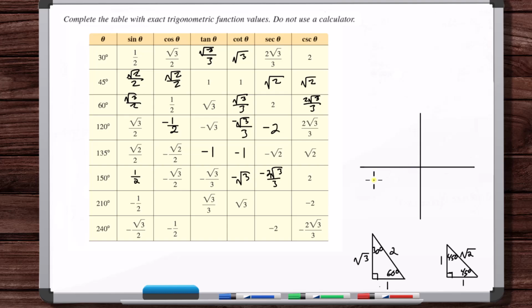Okay, 210, that's 180 plus 30 is 210. So we're in the third quadrant, and the reference angle is 30 degrees. And so in the third quadrant, both of these legs are negative. And we're dealing with 30 degrees. So, okay, cosine is adjacent over hypotenuse, so minus root 3 over 2.